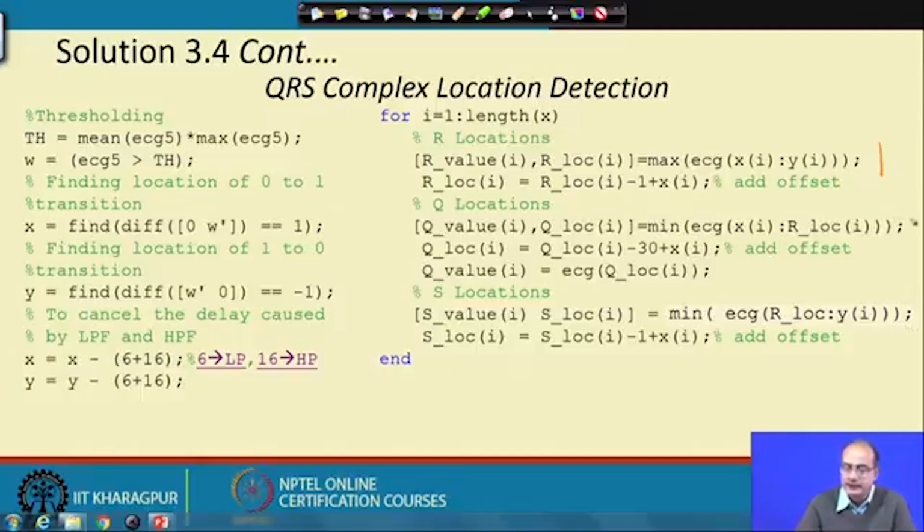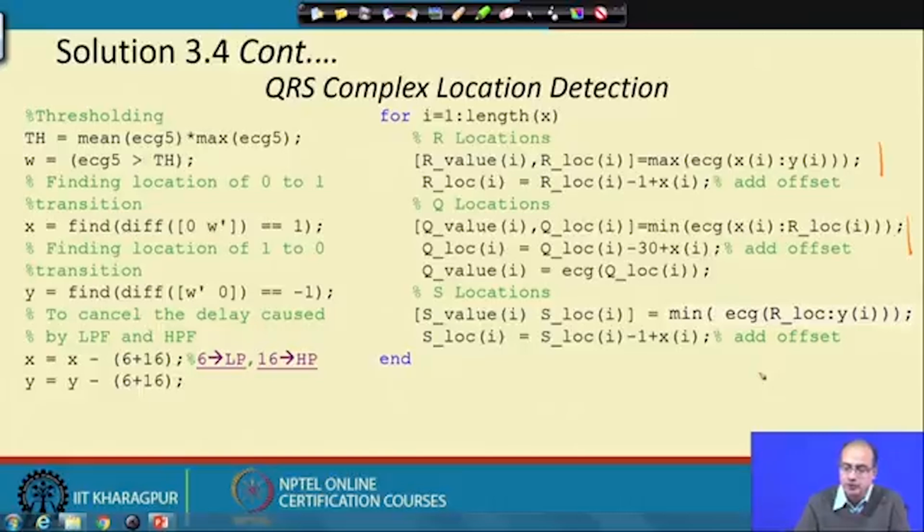So we get the Q point, and if we want the y position, rather the S location, we need to look in between the R and the y.